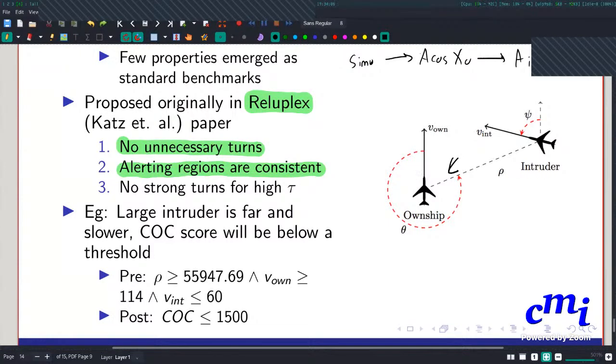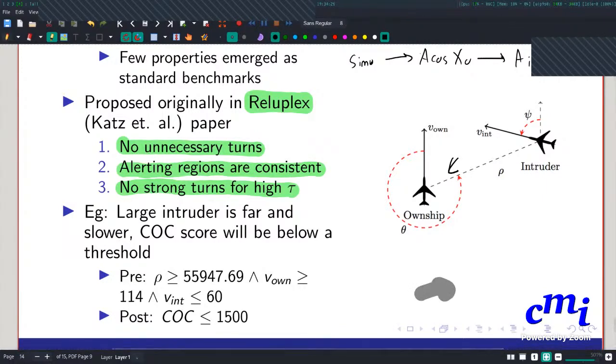And finally, this last one is based on the fact that most aircraft can't climb and turn very well. So if you are in a situation where the two aircraft have high tau, that means they probably have a really good vertical separation. So they're probably in a situation where one is low and the other is high or something like that.